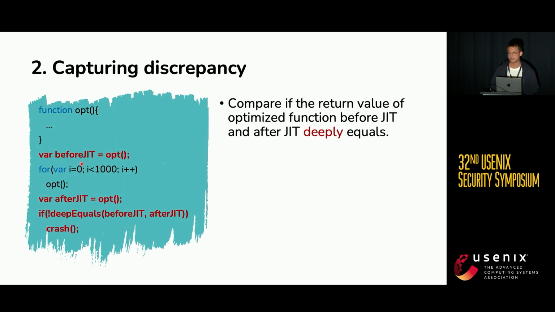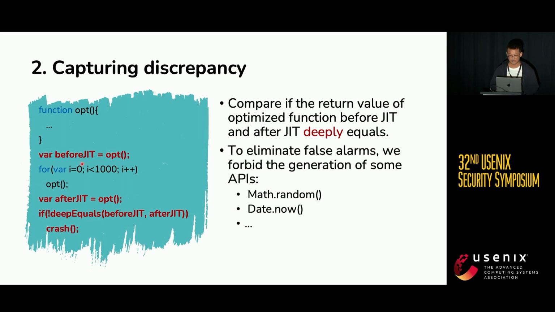If they are not deeply equal to each other, it may be a JIT bug, so we raise a crash to capture it. To eliminate possible false alarms, the tester can forbid the generation of some APIs like Math.random, Date.now, etc.